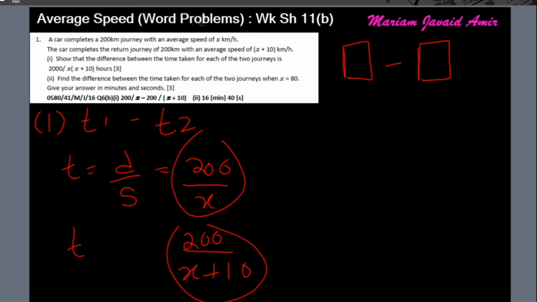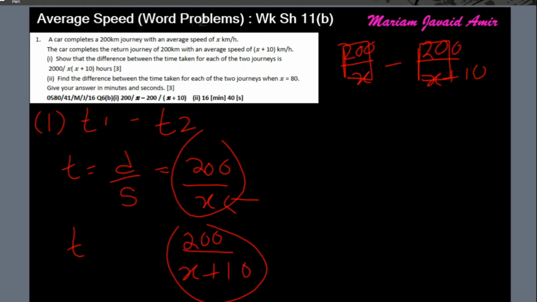Do we write 200 over x first, or 200 over x plus 10 first? One way of doing it is, since this denominator here is smaller, the overall fraction will be bigger. So we write 200 over x first and then 200 over x plus 10, because the first fraction is bigger since its denominator is smaller.